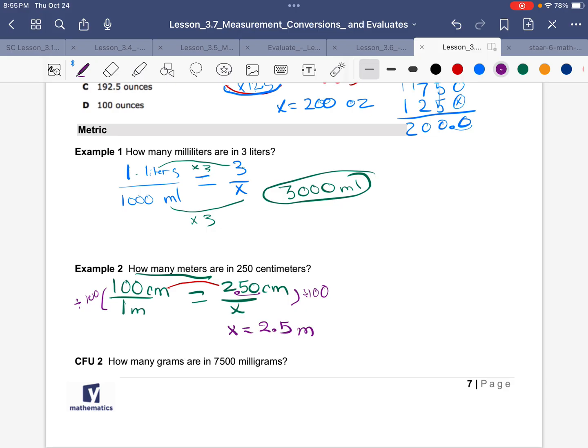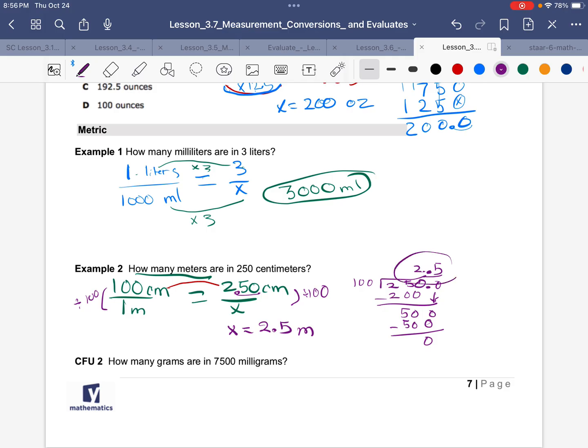You could also do the division out. 250 divided by 100. You get 2 here, 50 left over. Add your decimal on the 0, decimal, drop your 0, then 5. So that's another way you can do it.